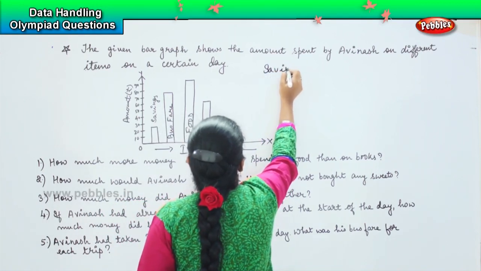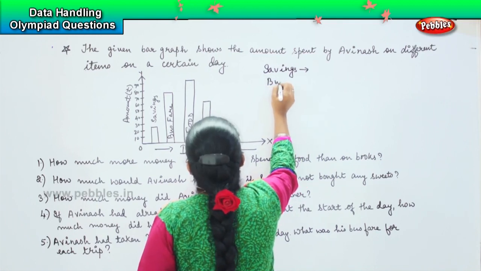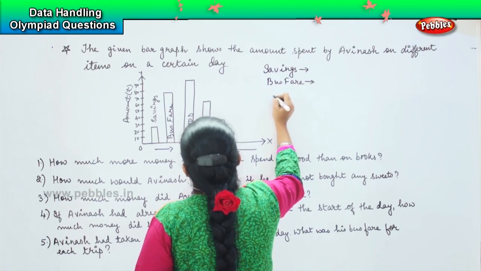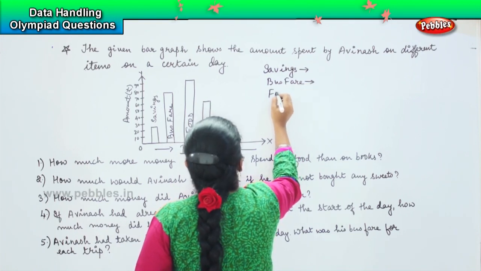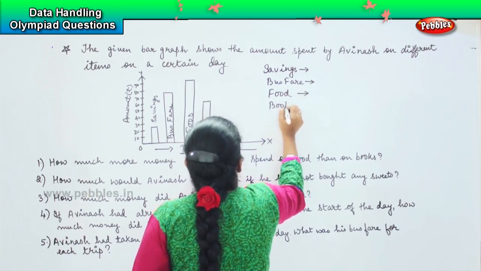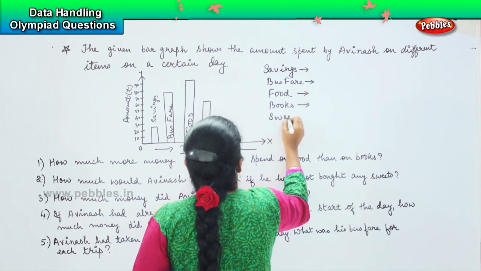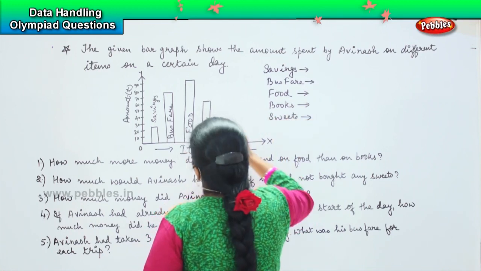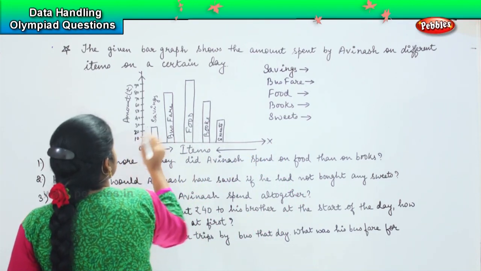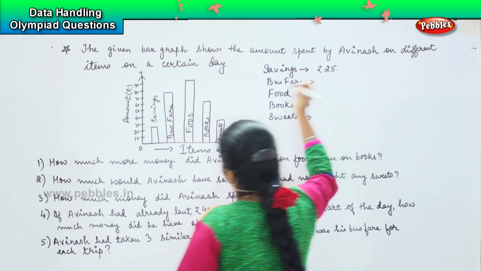First is the savings, then comes the bus fare, then the food, then the books, and finally sweets. His savings was only 25 rupees.